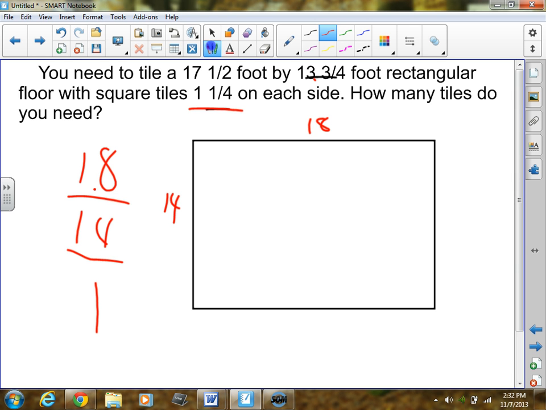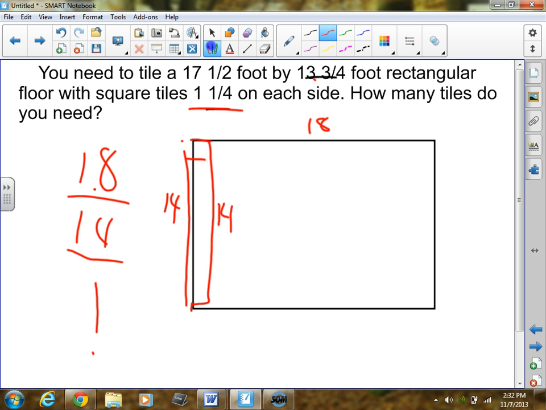So if I think about it like this, I know that this side is 14 feet, and I'm going to put around 1 foot tiles on. On this side right here, I'm going to need 14 tiles, because this is 14 right here.